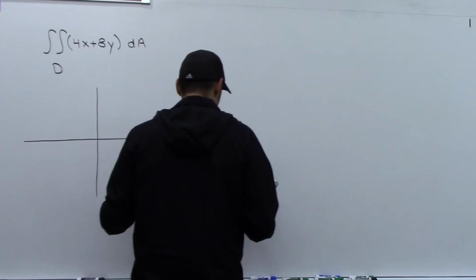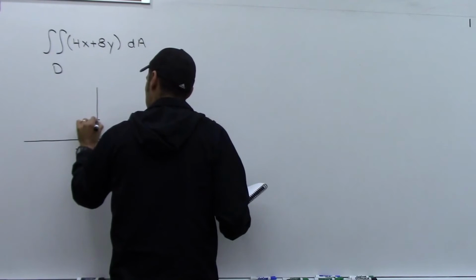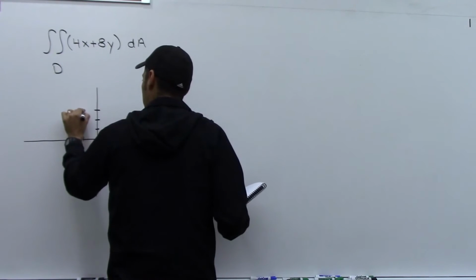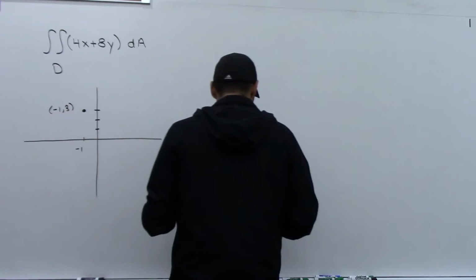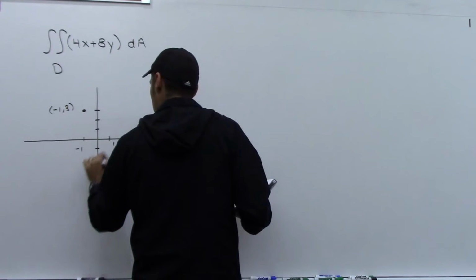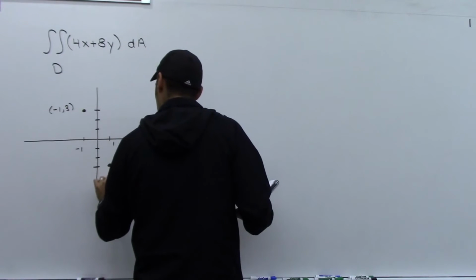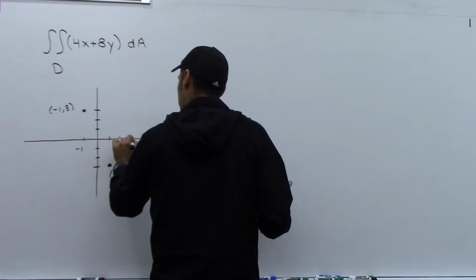It has the point, let's see, -1, 3. That's the point -1, 3. It has the point 1, -3. It has the point 3, -1.